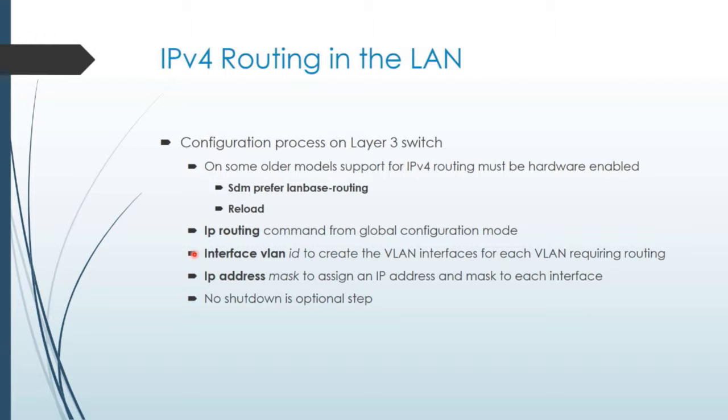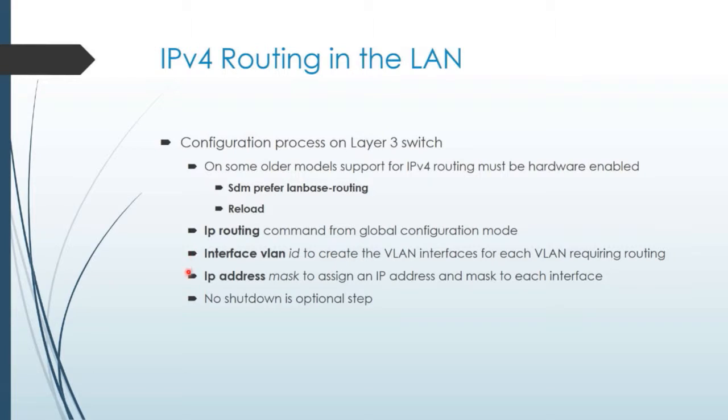It's a little different than the router on a stick where we actually had to type in the number for the subinterface. Here we're just saying we want to create an interface for this particular VLAN. And then the switch handles creating that virtual interface. It will also take you into the SVI configuration mode, that interface configuration mode.